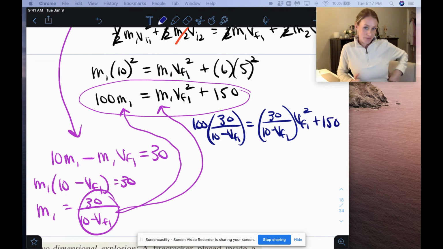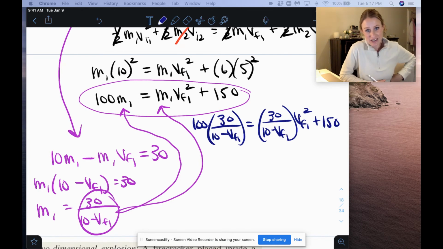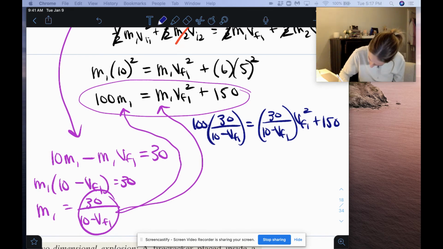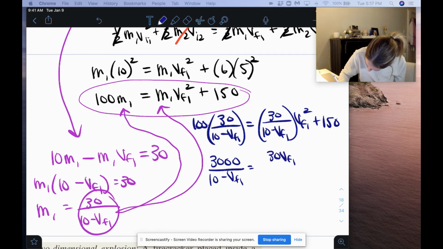Now for algebra. So 100 times 30, that is 3,000. So we get 3,000 divided by 10 minus v final 1 equals 30 times v final 1 squared over 10 minus v final 1 plus 150.